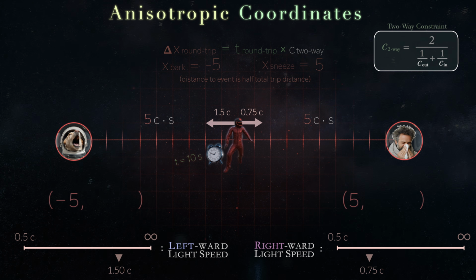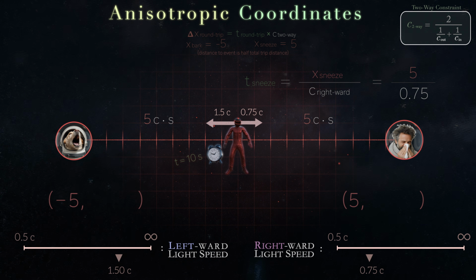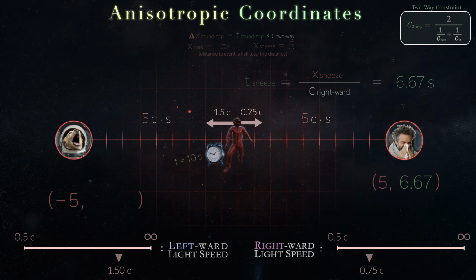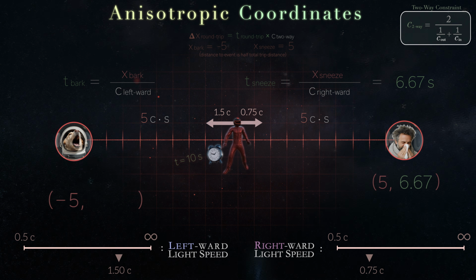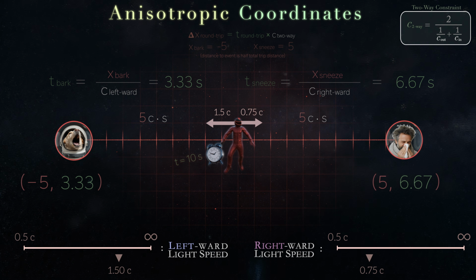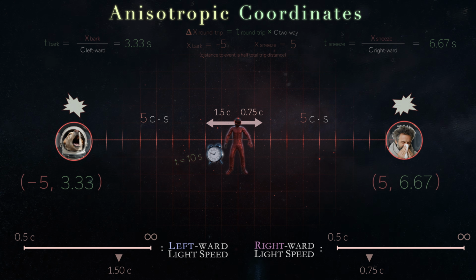From there, some simple math tells you that your friend's sneeze occurred when the time on your local clock read 6.67 seconds. And similarly, that your neighbor's dog barking occurred when the time on your local clock read 3.33 seconds. Meaning, you now have judged these two events to have occurred one after the other.